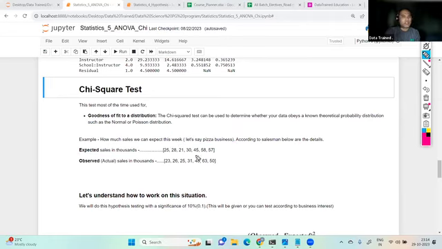This is what he's expecting based on his salesperson experience. After that one week is over, every day we note down the actual sales. You can also call these the observed values. So how well is the observed data fitting into the expected data distribution?